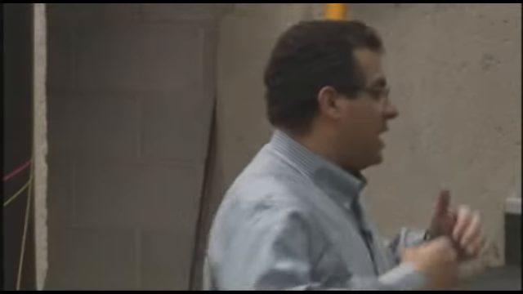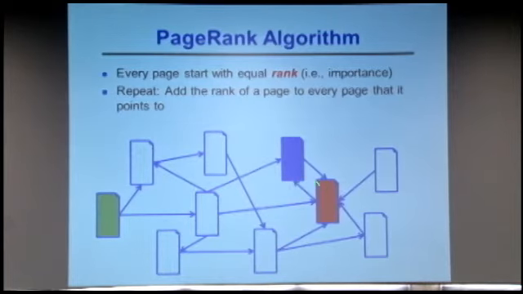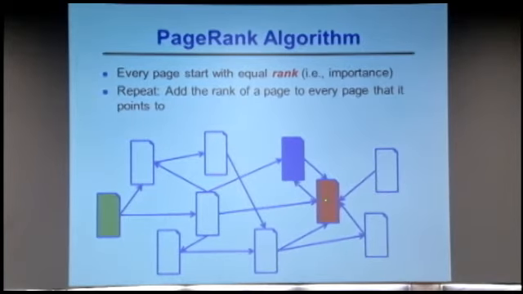Now, in the second step of the algorithm, the algorithm will do the same thing again. It will look at the rank of all of the pages, and add the rank of every page to every other page it points to. So the rank of the red page, which is 5, will be added to the blue page. So the blue page will get a boost in importance.